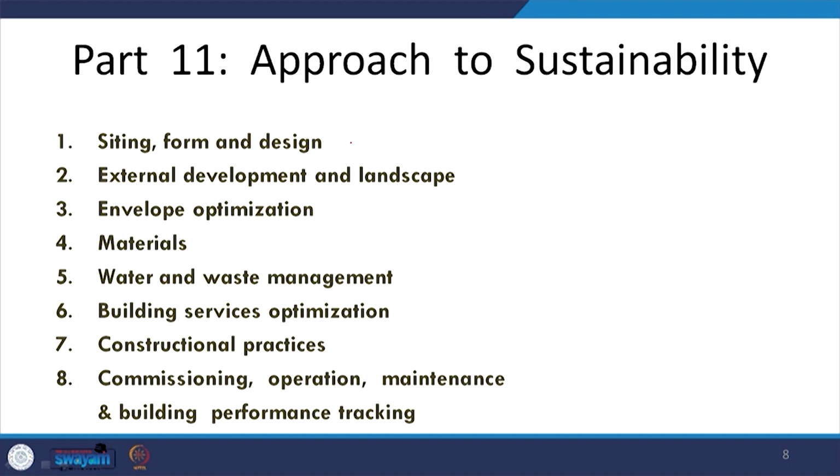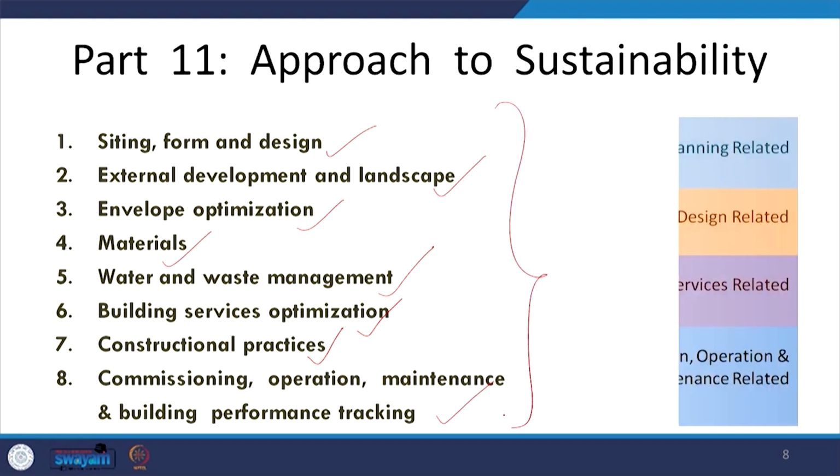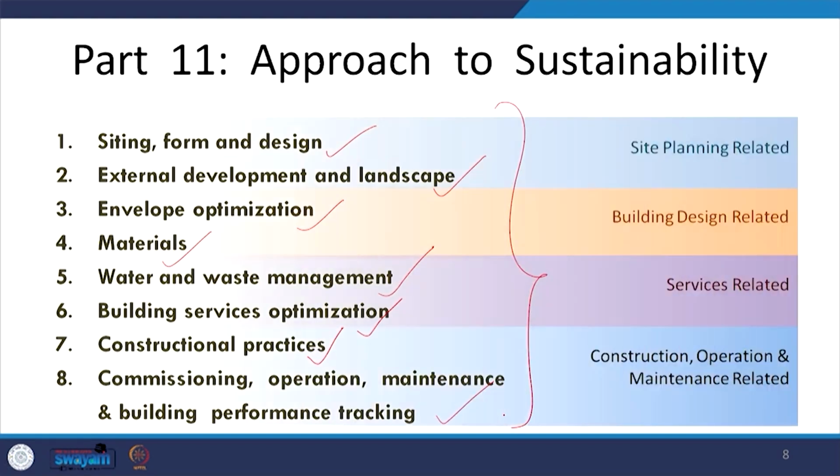In part 11 we talk about siting, form and design, external development and landscape, envelope optimization, materials, water and waste management both at the building level and site level, building services optimization, constructional practices, and commissioning, operation, maintenance and building performance tracking. All these broad parts cover the entire content of part 11, approach to sustainability.